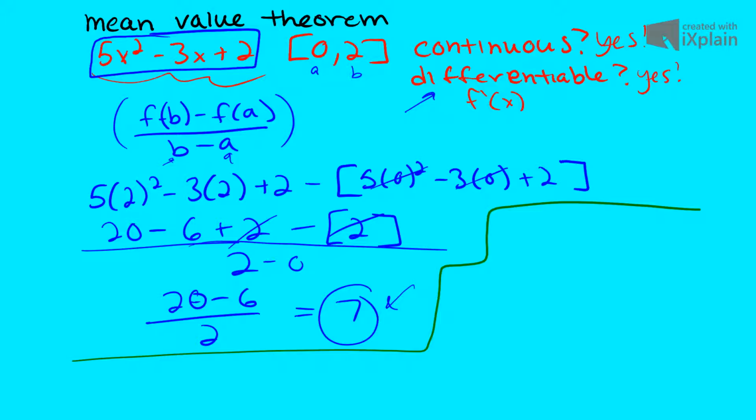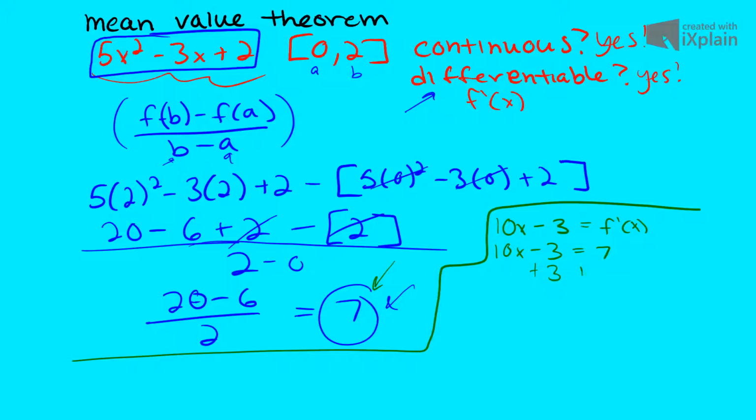So the derivative is going to be 10x minus 3. Once we have our derivative, we're going to set that equal to the value that we got from our mean value theorem formula. So we're going to do 10x minus 3 is equal to 7.